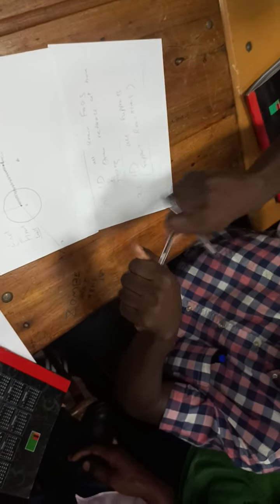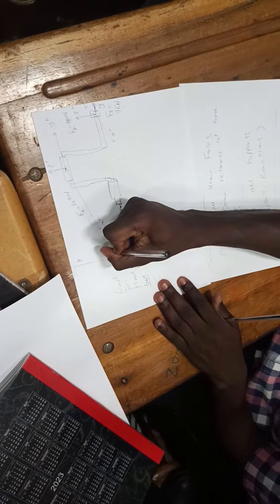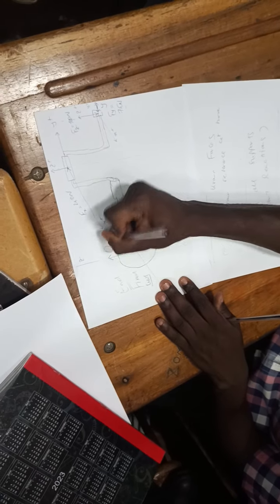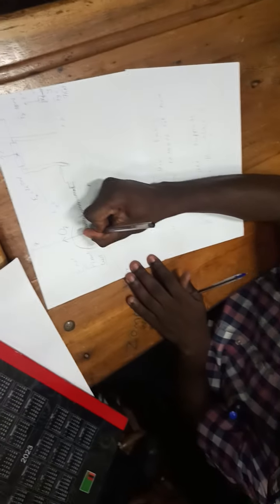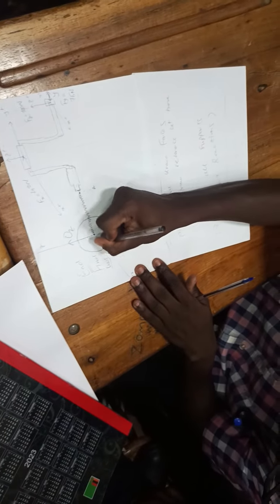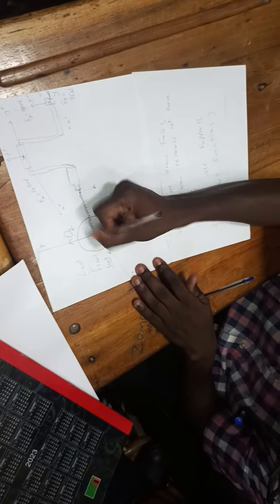So at this point, using the positive sense of definition, at O we will have OZ in the positive direction, and the same thing will apply in the Y direction. This will be OX, and the same thing in your OY direction. So you have all your reactions. The reactions are quite easy to identify.